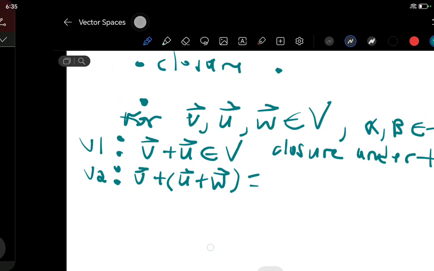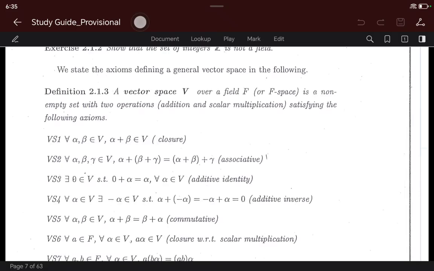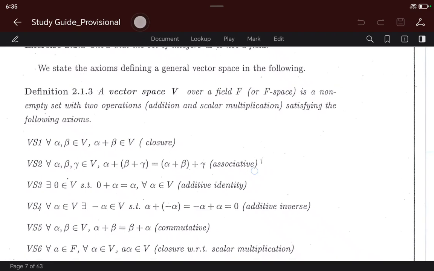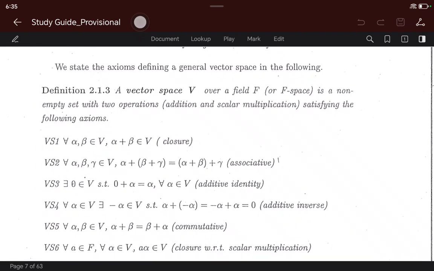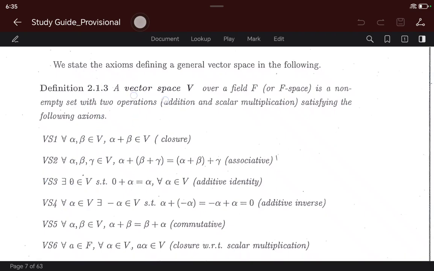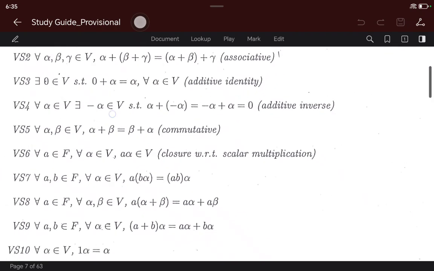Let me see what they checked first here. Here you see they started by checking associativity, but it's best if you start by checking commutativity.